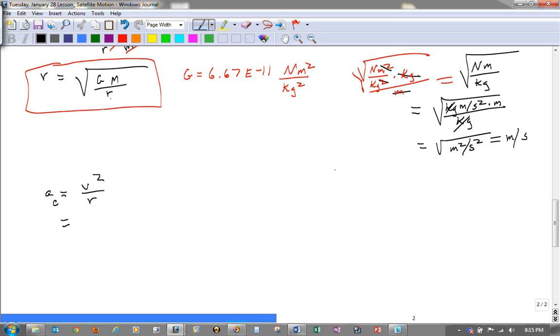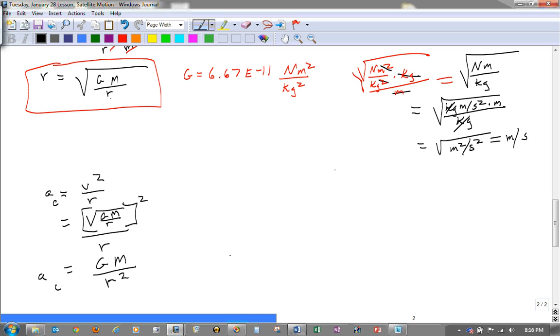And so that would be, take the square root of G big M over r, square that, and divide by r. So you get G M over r squared by the time you divide that one.